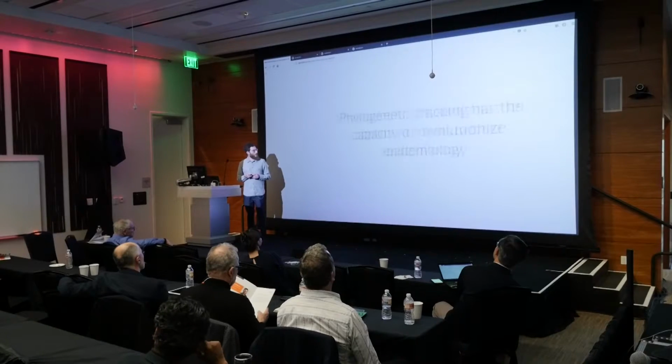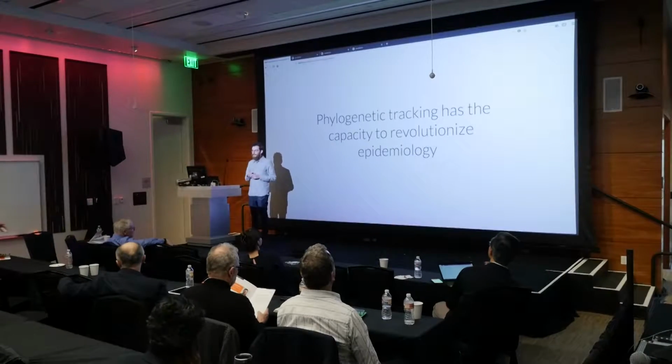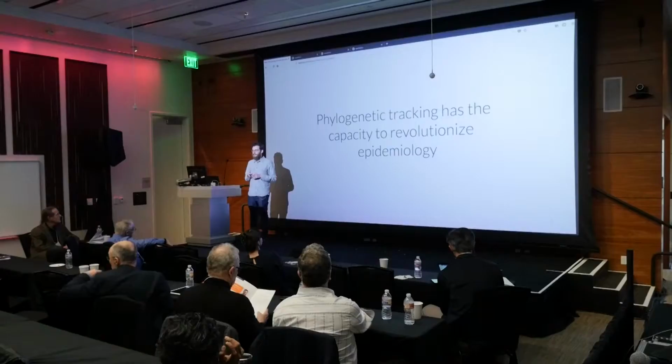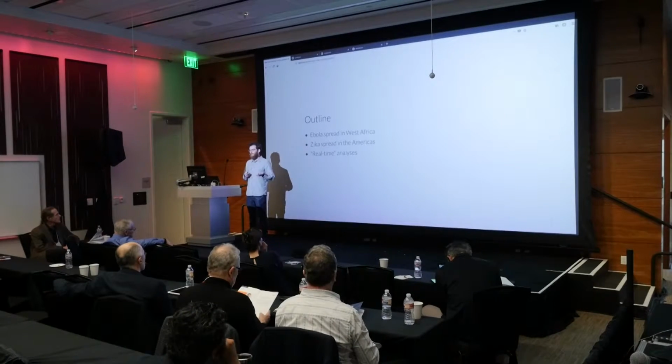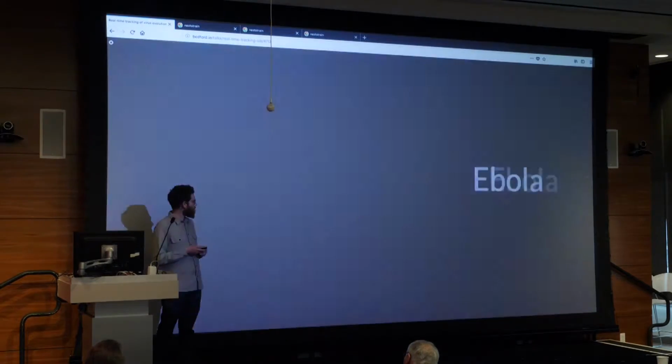So very generally, I think that this sort of phylogenetic tracking has the capacity to revolutionize epidemiology. It really takes a lot of implementation, as Jennifer was discussing, but we just need to smooth out the corners, and we're getting there. In the talk, I want to discuss 3 different things: Ebola spread in West Africa, Zika spread in the Americas, and how we can pull this into more real time.